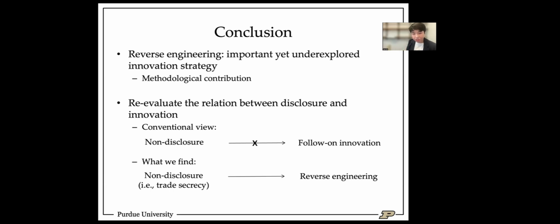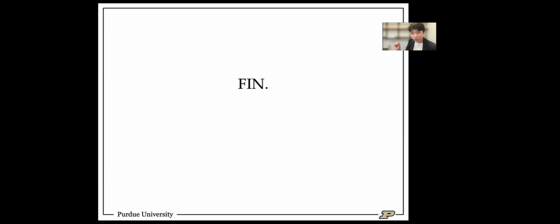Basically, what we find is that non-disclosure, which we proxy using trade secrecy, actually increases this activity, which is this reverse engineering activity, suggesting that this relationship between innovation and disclosure is something that is more nuanced, suggesting that there may be a very different type of equilibrium that actually happens in practice. So that is all I have for these slides, and I definitely look forward to Will's excellent discussion.